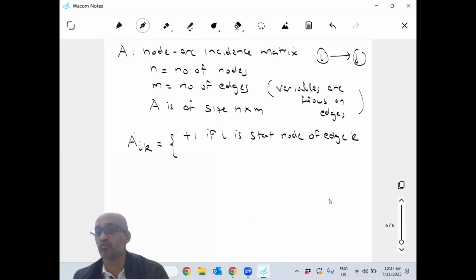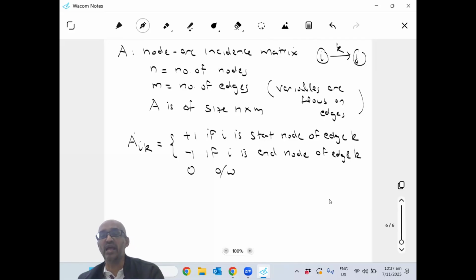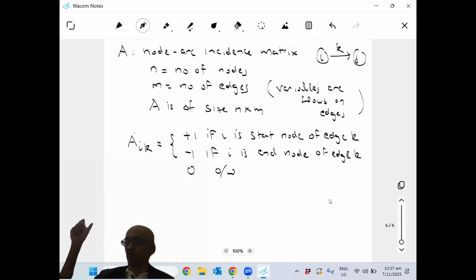Okay, so if this is edge k, I is the start node, -1 if I is the end node of edge k, and 0 otherwise.